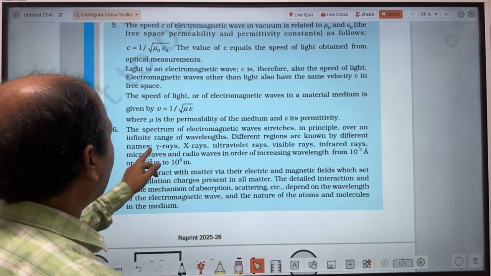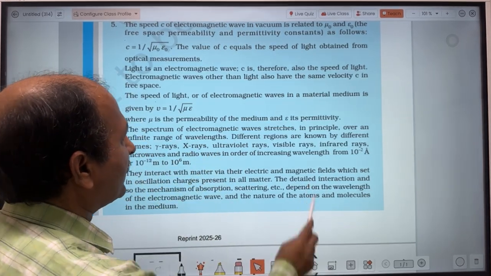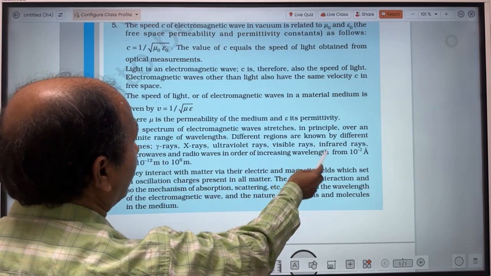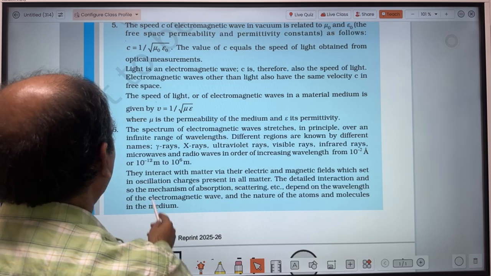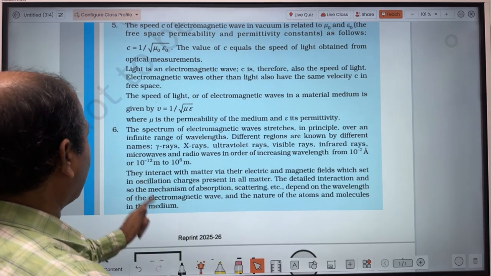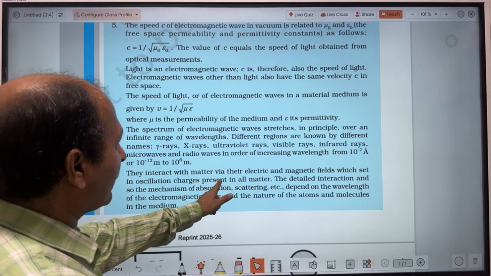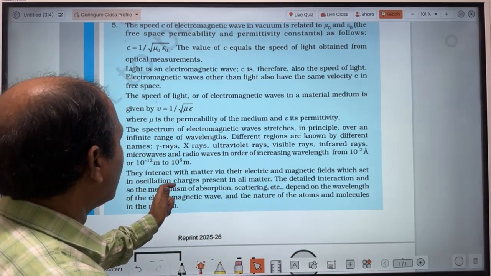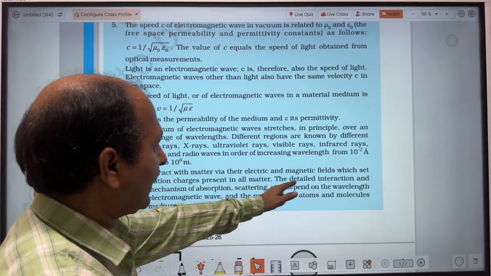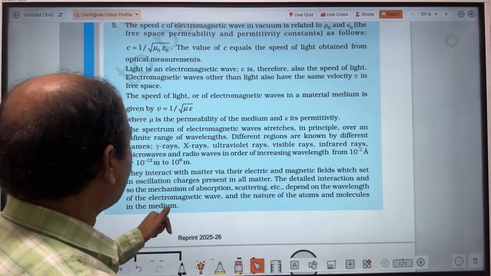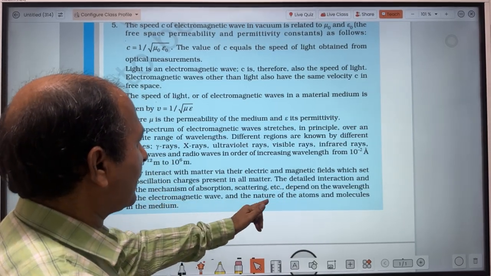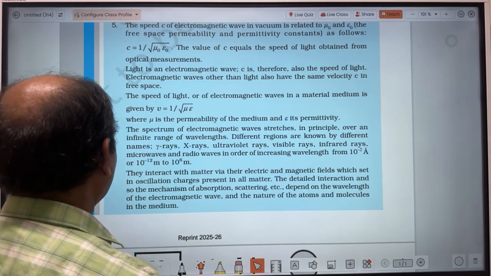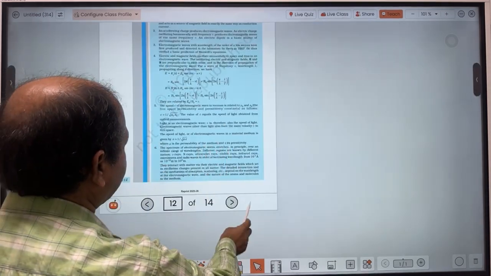Different regions are known by different names like gamma rays, X-rays, ultraviolet rays, visible rays, infrared rays, microwaves and radio waves, in order of increasing wavelength from 10 power minus 2 angstrom or 10 power minus 12 meter to 10 power 6 meter. They interact with matter via their electric and magnetic fields, which set into oscillation charges present in all matter. The detailed interaction and so the mechanism of absorption, scattering, etc. depend on the wavelength of the electromagnetic waves and the nature of the atoms and molecules in the medium.